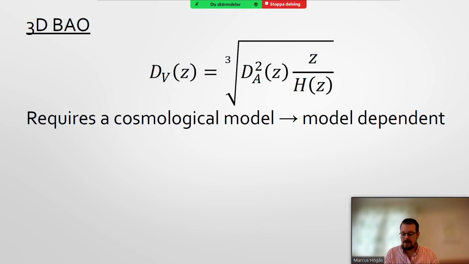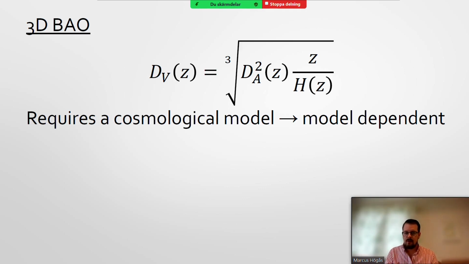And these types of observations can, for example, constrain the volume average distance, dV. So as you can see here in this expression, there are 2 factors of the angular diameter distance and 1 factor of radial distance here. So that is pertaining to the 2 angular directions on the sky and the direction along the line of sight.